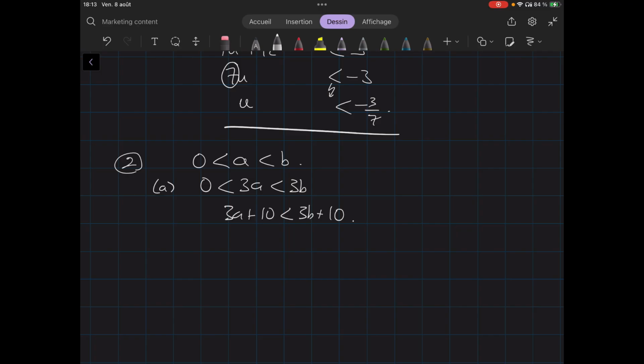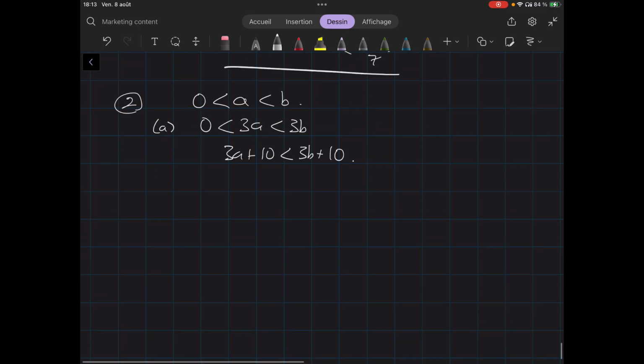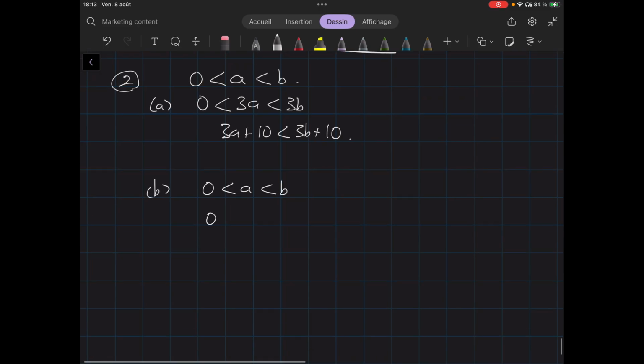And that's question 2. The second part: if 0 is less than a less than b, then 0 is less than a cube is less than b cube, correct?